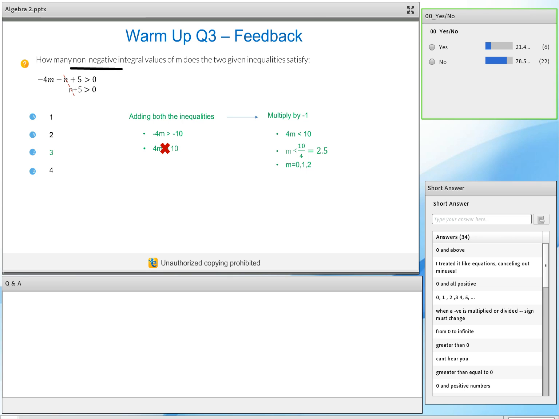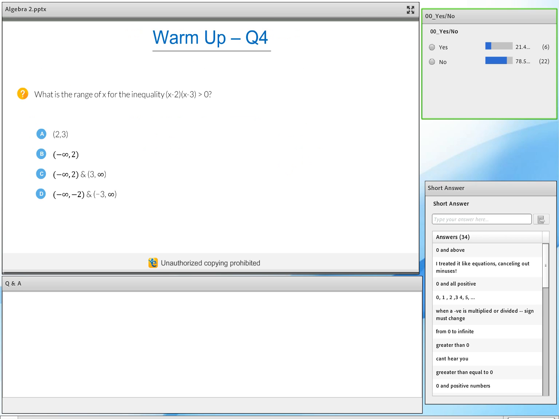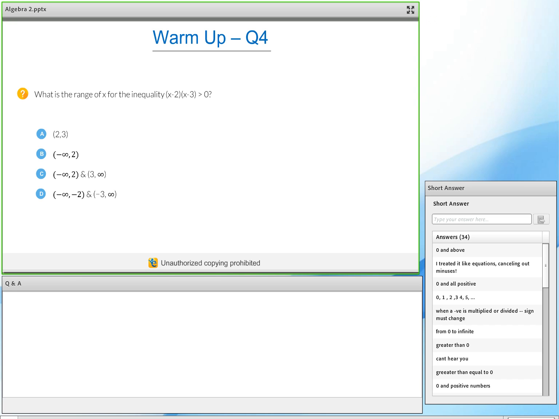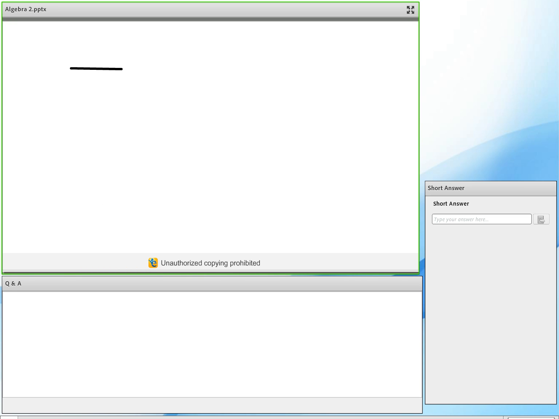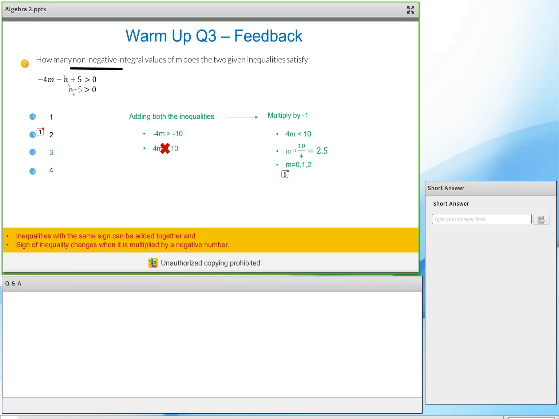Okay, so now let's move on to our next set of warm-up questions. Question number 4, and let me bring back the poll here. Sorry, first I have to get you guys to click on still solving.